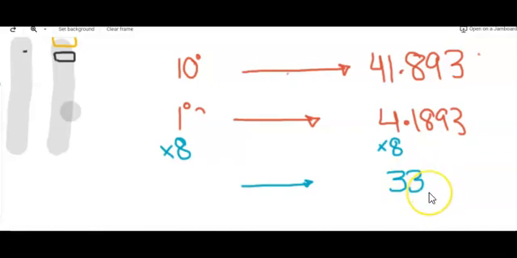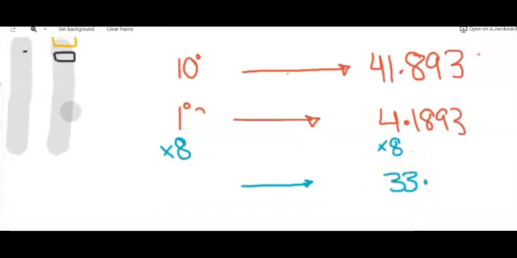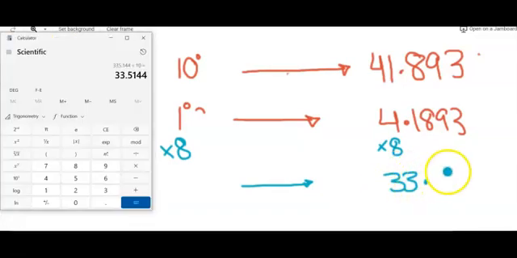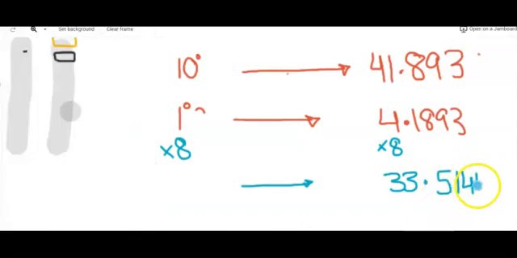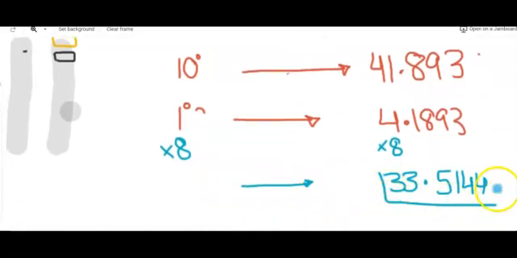No, why 335? Because I forgot to divide by 10. 33.5, sorry, my maths is not very good. 33.5144. So we got this thing.